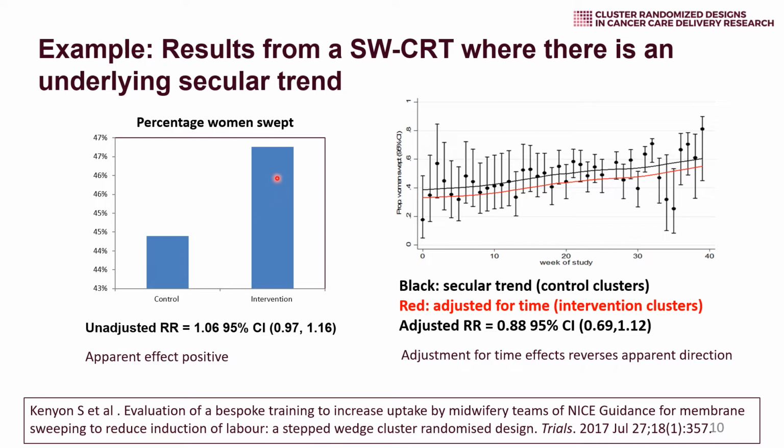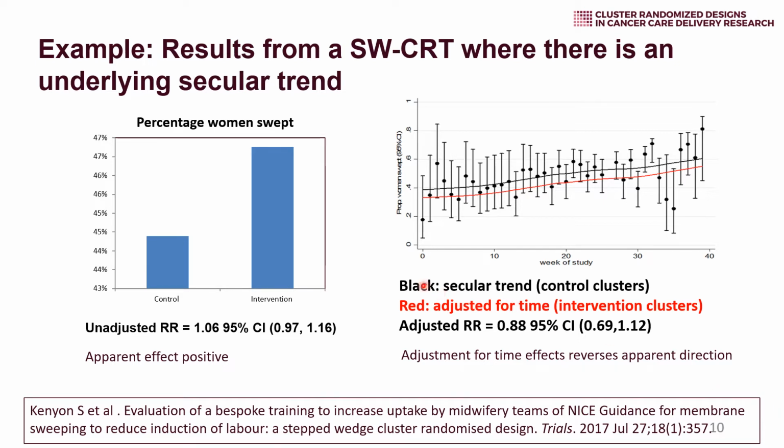So the percentage of women who received a membrane sweep were compared between the intervention and the control participants. And it was identified that the unadjusted relative risk was 1.06, suggesting an increased likelihood of having a membrane sweep on exposure to the intervention condition. It was in fact not statistically significant, but we'll just keep our eye on the point estimate, an apparent positive effect. However, this design was a stepped wedge cluster randomized trial.